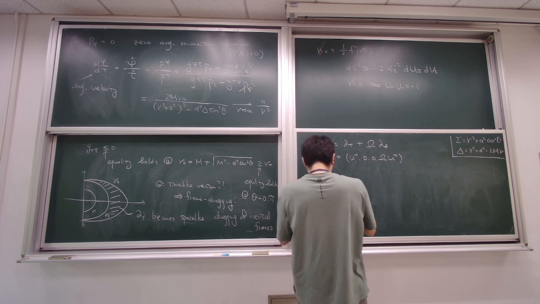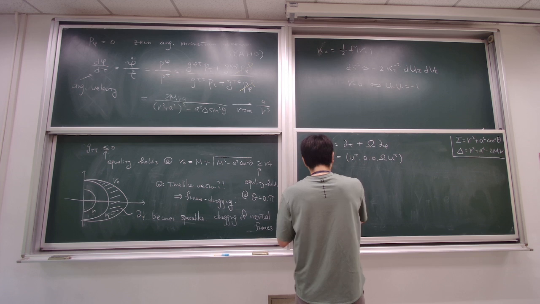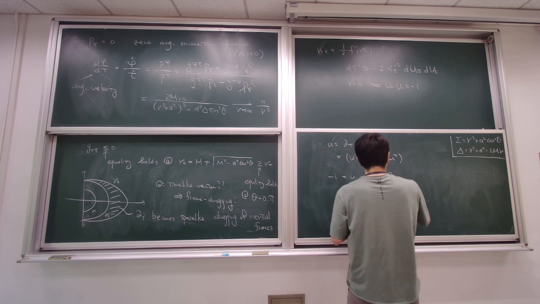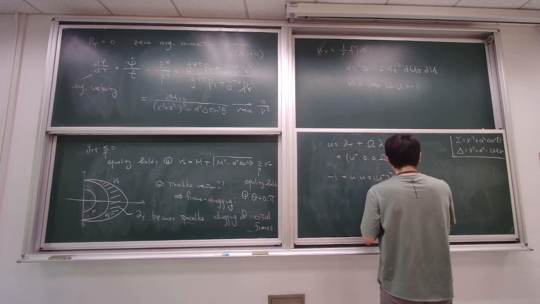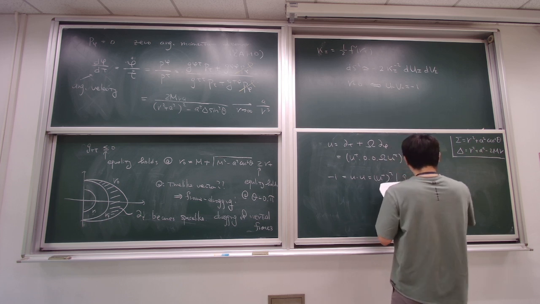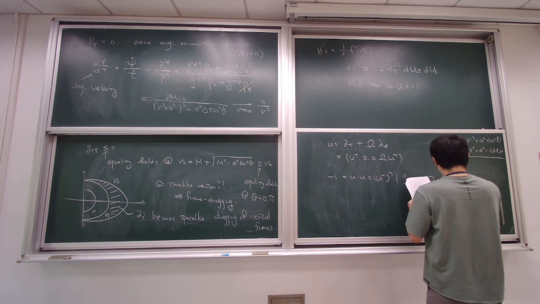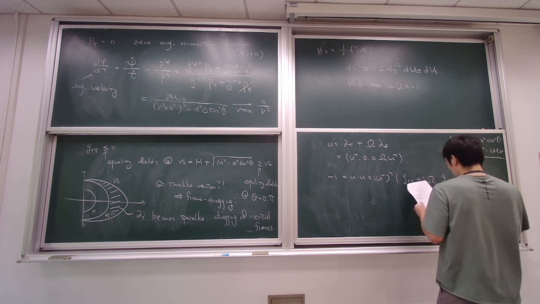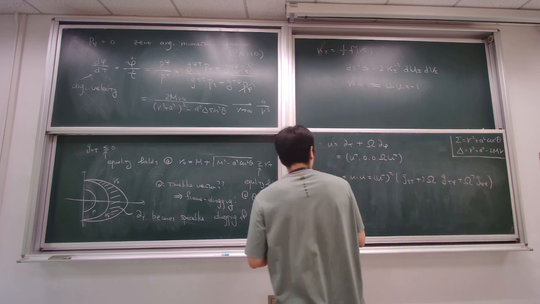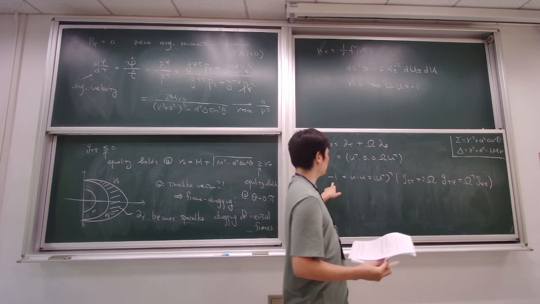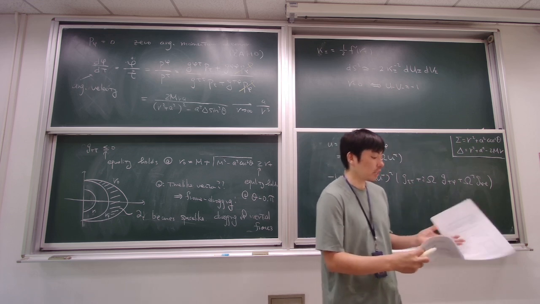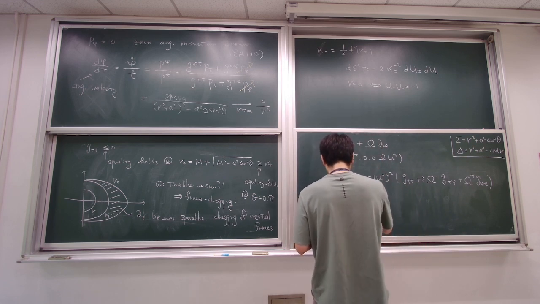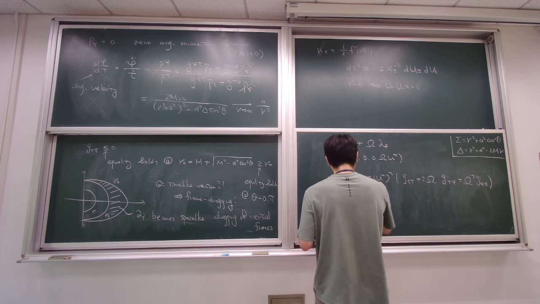Then u dot u is minus 1, which is u^t squared times g_tt plus 2 omega g_t phi plus omega square g_phi phi. In order for this to be negative, that will give you some constraints on omega, and omega has to be something like this.